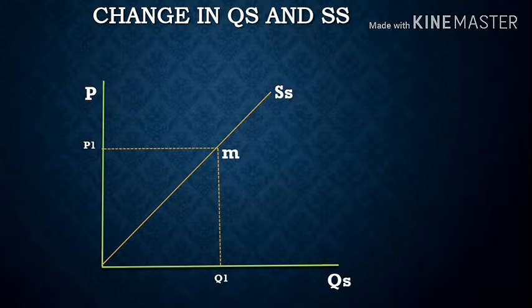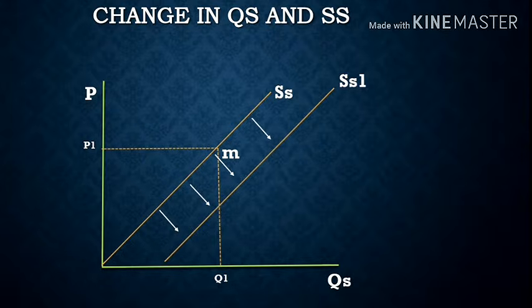Supply ሲጨምር to the left ነው to the right ነው ይመስላችሁ? እስቲ ያስቡበት. The answer is to the right ነው shift የሚያደርገው, ምክንያቱም with the same price ብዙ ኳንቲቲ የሚሰጠን እዛ ላይ ስለሆነ ነው. እሱን ቼክ አድርጉ በራሳችሁ.